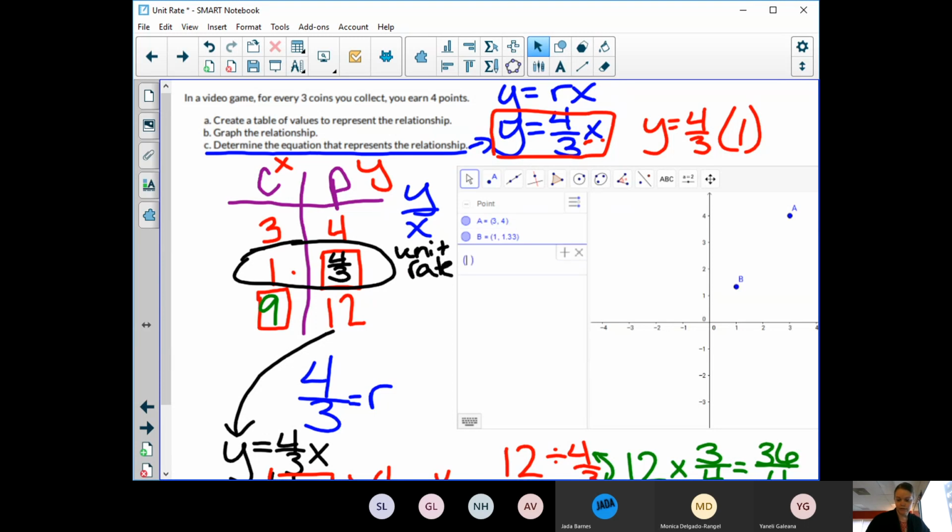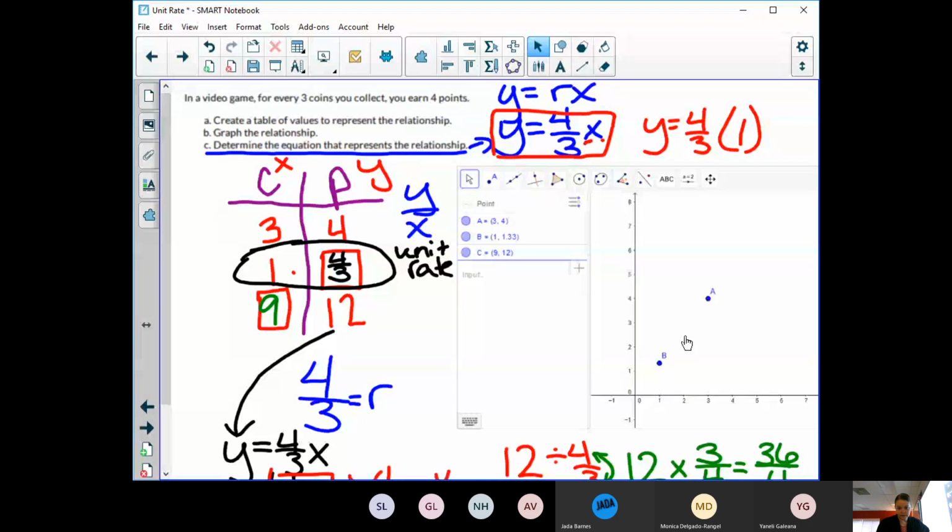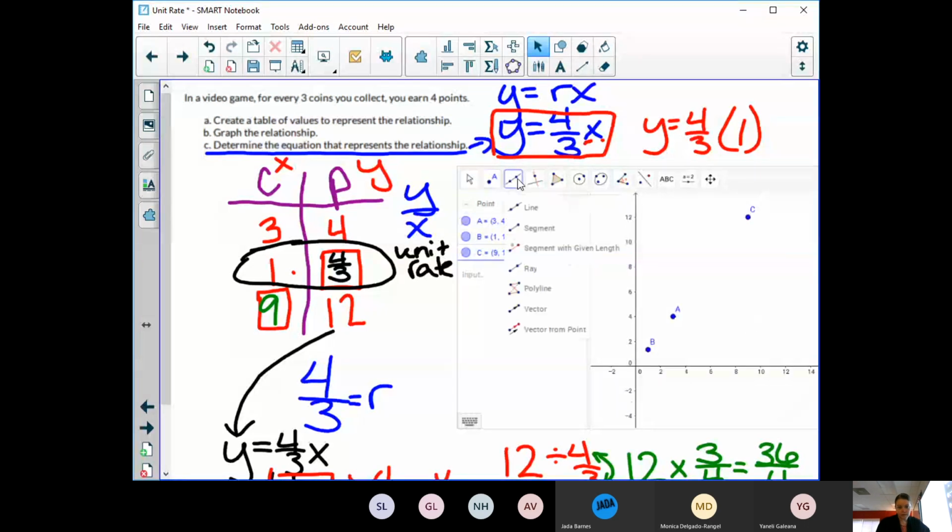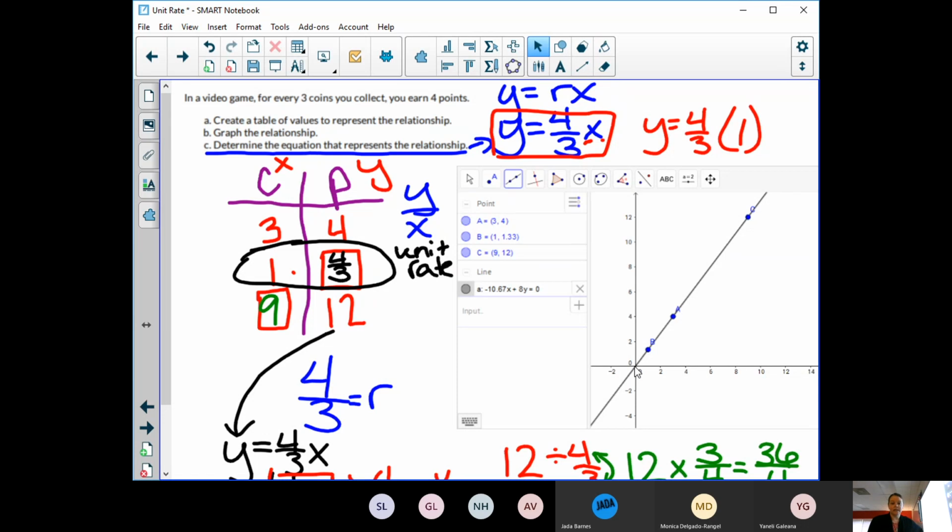And we have 9, 12. So if I zoom out a little bit and I take a line, we can see that it is indeed a proportional relationship, that it goes through the origin and is a straight line.